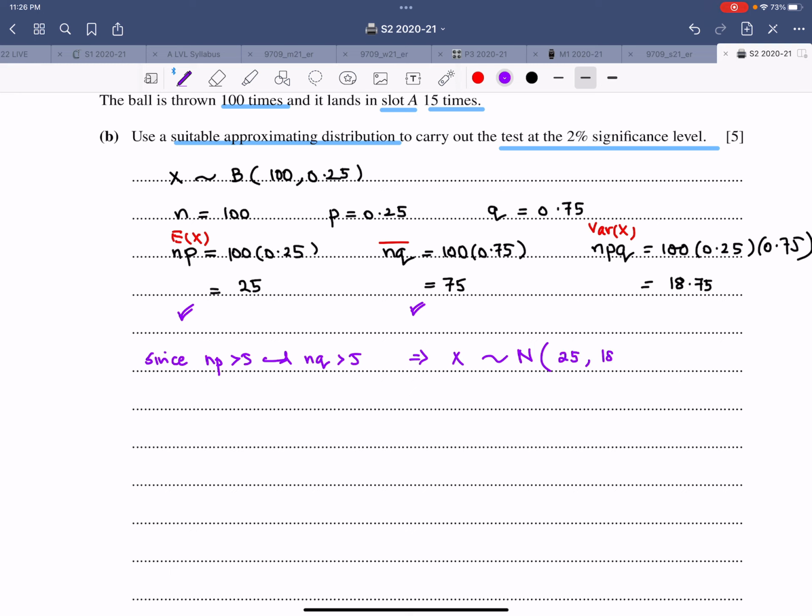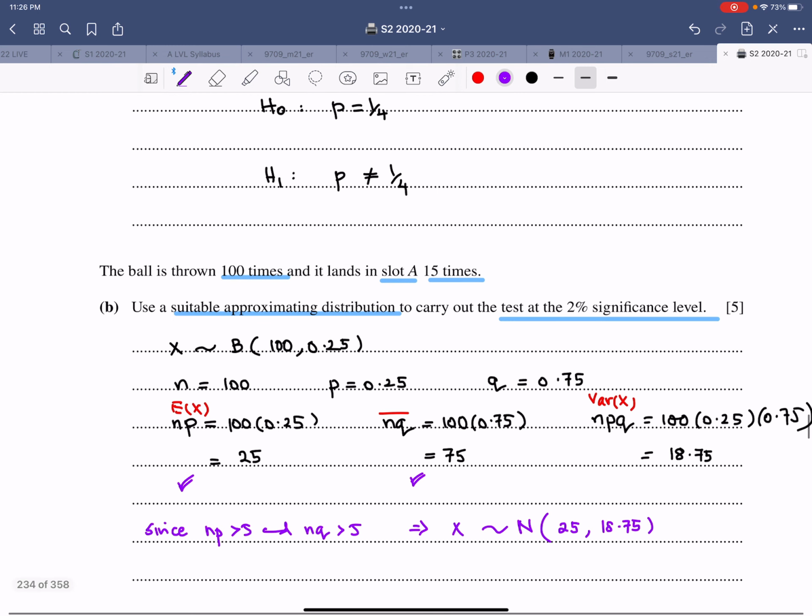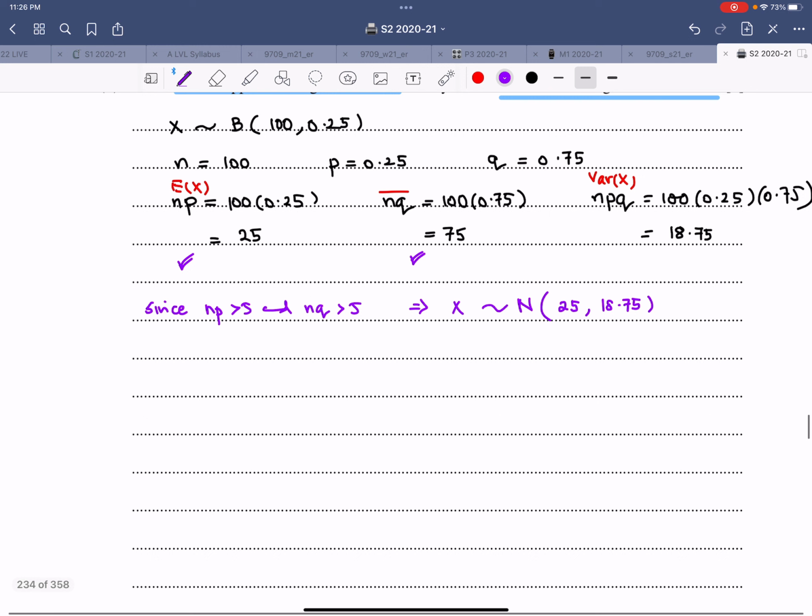Now, since it's a two-tailed test, the first thing is that this 2% is divided into 1% each. And secondly, what is the direction in which you will be calculating the probability? Have they given us the sample value?